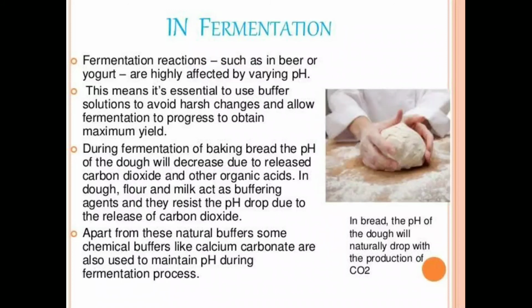Also, buffers are used in fermentation reactions, such as those of beer or yogurt, which are highly affected by varying pH. Buffers are useful solutions to avoid harsh changes and allow fermentation to progress to maximum yield.